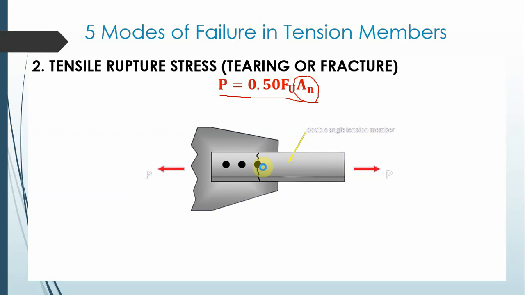When we say net area, it is just this point here wherein our fracture passes through the bolt connections, or it can be here or here. Okay, so it is simple, no?